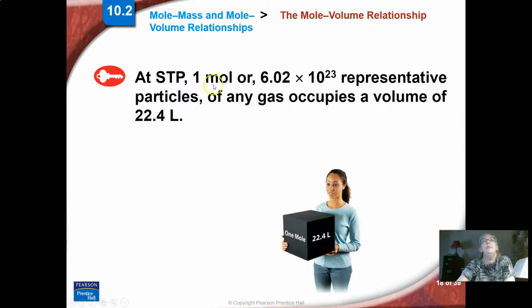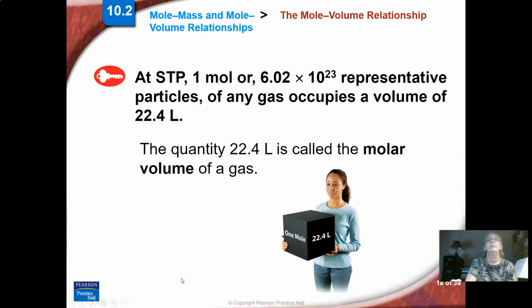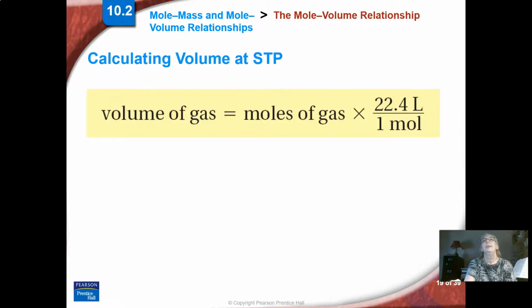This little relationship, 1 mole of a gas at STP is that many liters, really makes the problem easy. So 1 mole of gas is that volume that this person's holding. Okay? And that's called the molar volume of a gas. It just means 22.4 liters is how much a mole occupies. So we can use this relationship, but you have to be at STP. So that's the caveat.